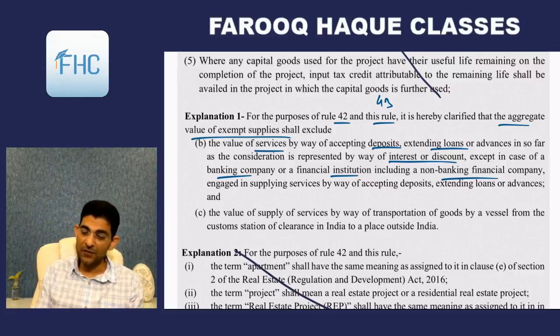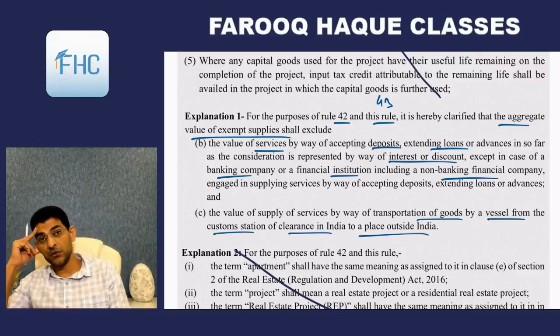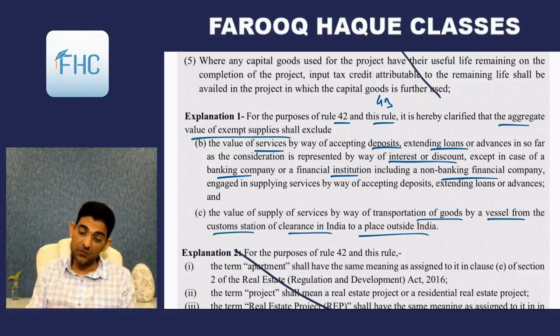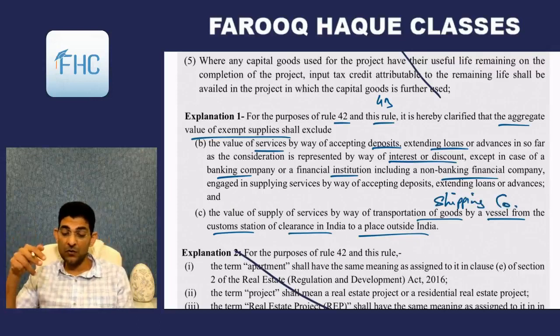And the value of supply of service by way of transportation of goods by a vessel from a customs station of clearance in India to a place outside India. So this is for the shipping companies. For transport of goods by vessel, you write down shipping company, from customs station of clearance in India to a place outside India.